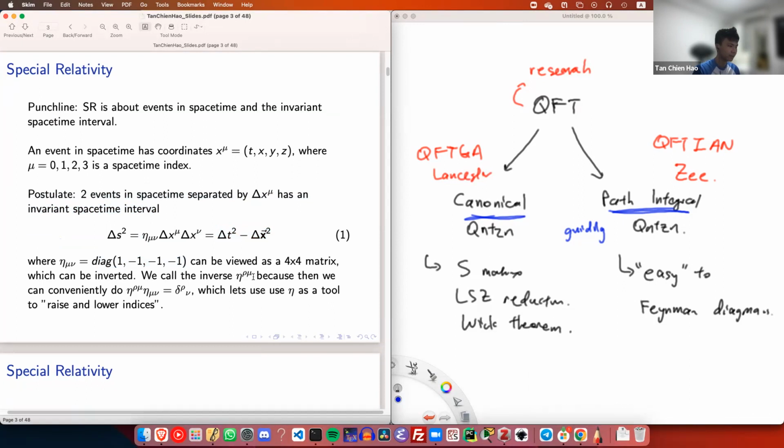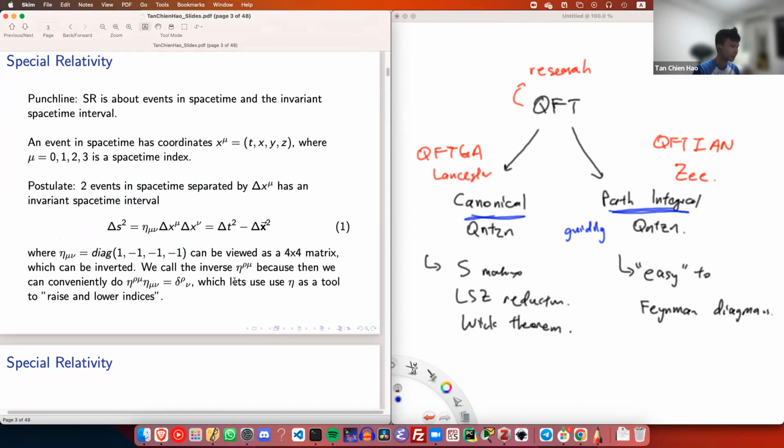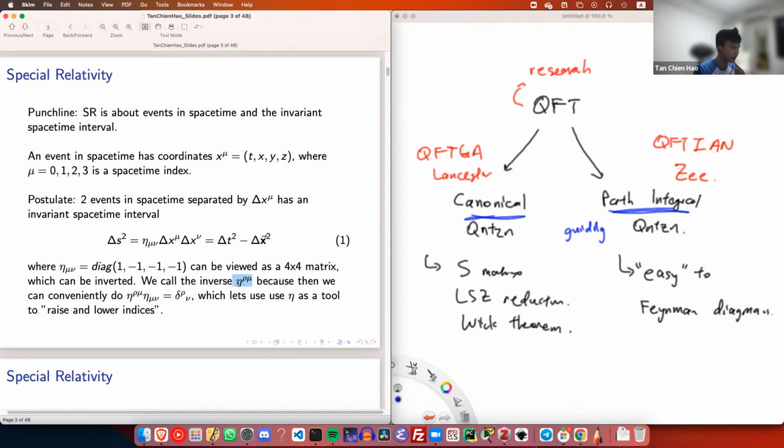The metric can be interpreted as a matrix, and whenever you have a matrix, you can write the inverse. We write the inverse with upper indices instead of lower indices, and it plays well with the index notation.